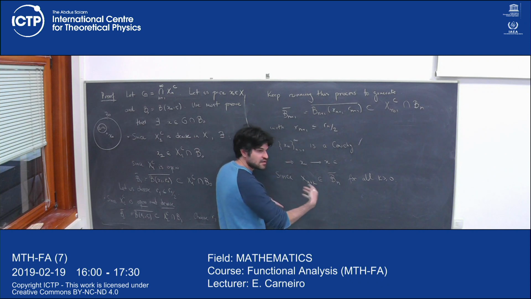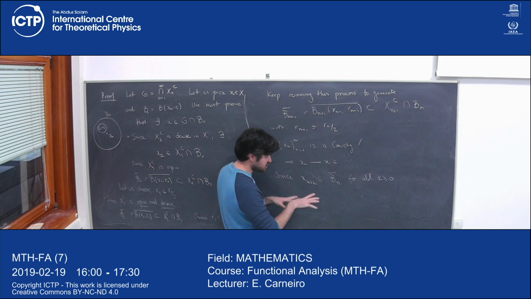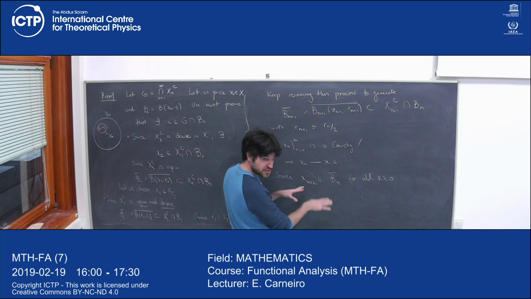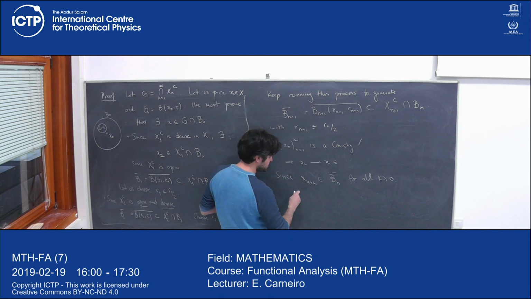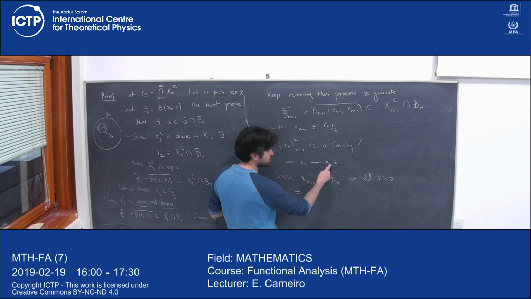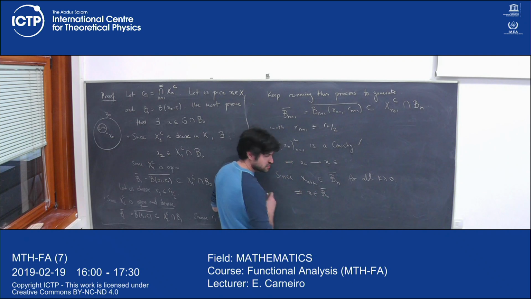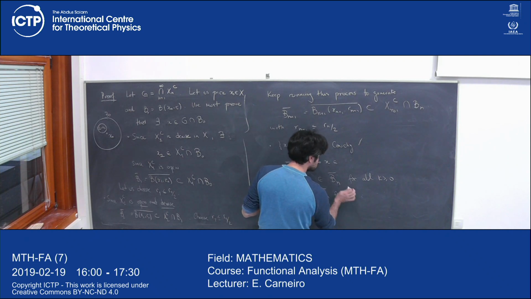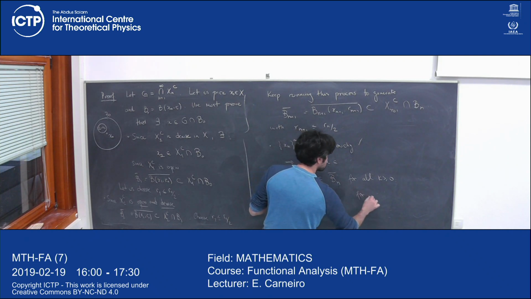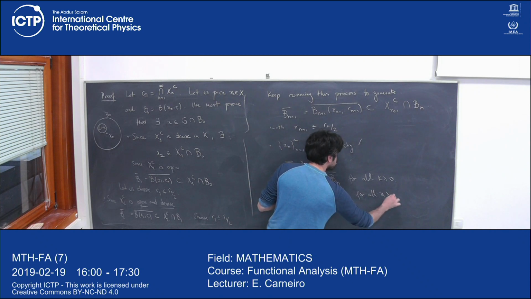So xn plus k, if I keep going in the sequence, I stay inside this ball forever. So if I freeze n and send k to infinity, this means that my limiting point x belongs to this closed ball Bn bar for all n bigger or equal than 0.